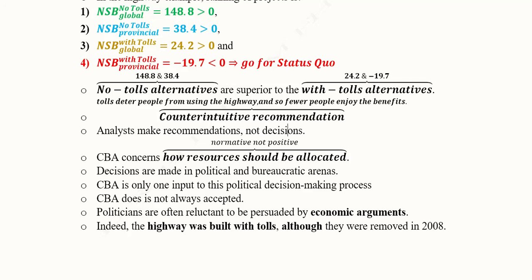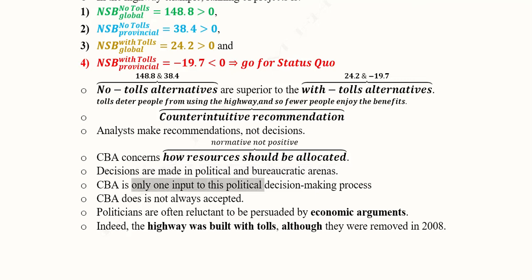The CBA concerns how resources should be allocated. This is a normative approach and not the positive approach. They decide what should be. Decisions are made in political and bureaucratic arenas, as I already mentioned, and it is beyond the scope of the cost-benefit analysts to make the decisions. So politicians and the bureaucrats are the ones who make the decision.